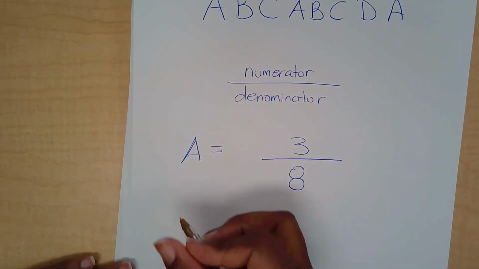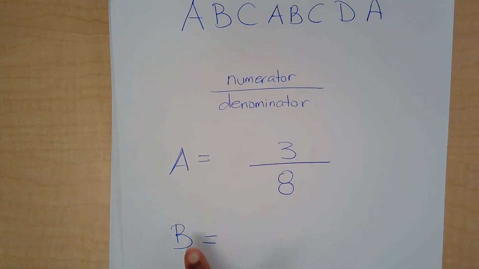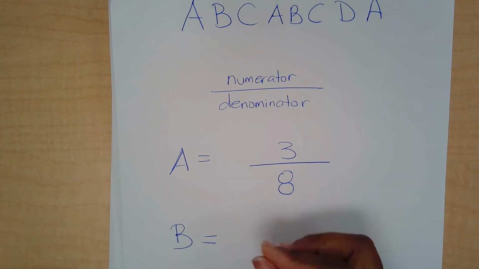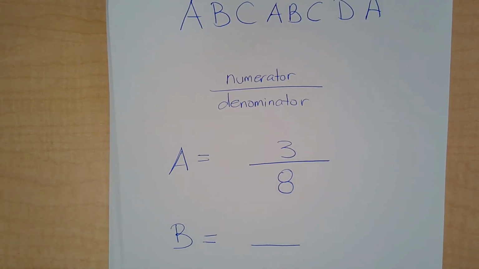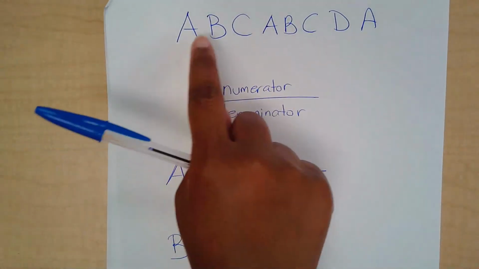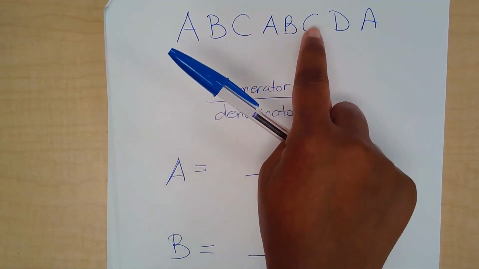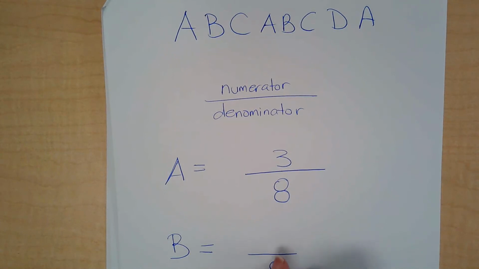So we have A. What if we were asked to find the fraction that represents B? Once again, we find our denominator. Did the denominator change? No, but let's confirm it. Denominator, you count everything. 1, 2, 3, 4, 5, 6, 7, 8. 8 belongs here.